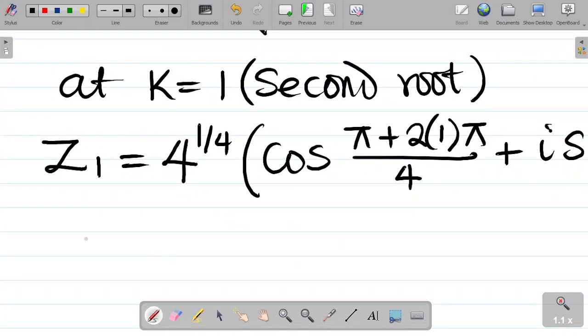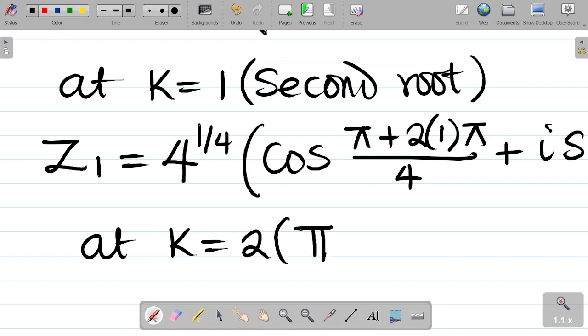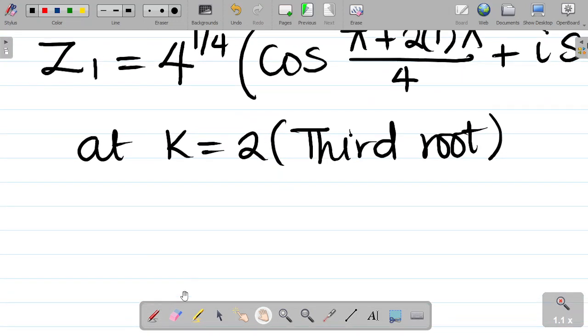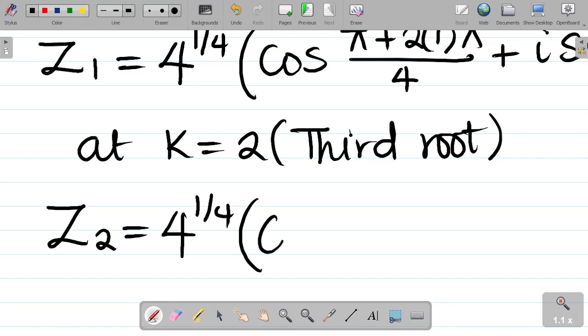For the next one, we'll say at k equal to 2. This gives us our third root. How do you find this? This becomes z2, equal to r, which is 4 to power 1 over 4 into cosine of pi plus 2k.